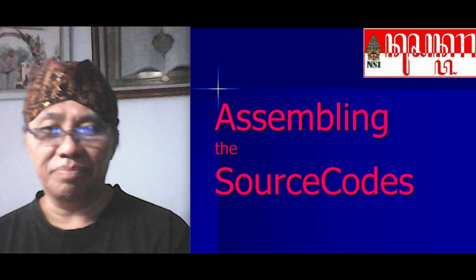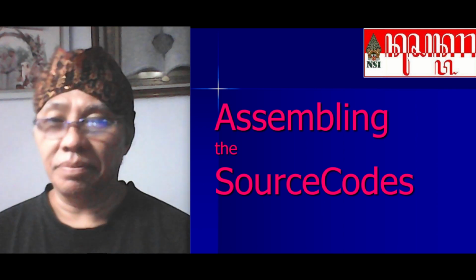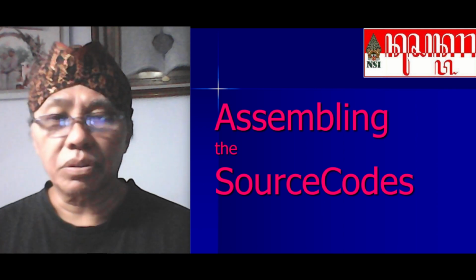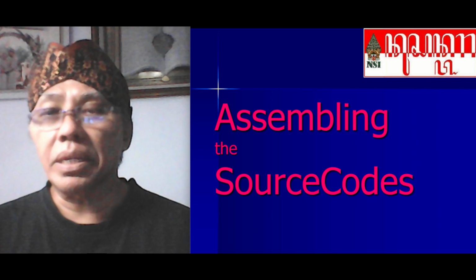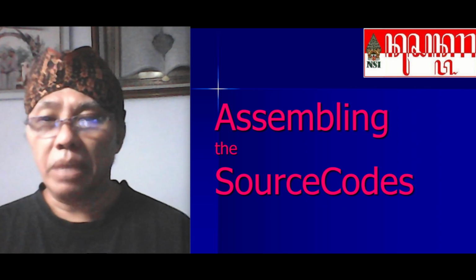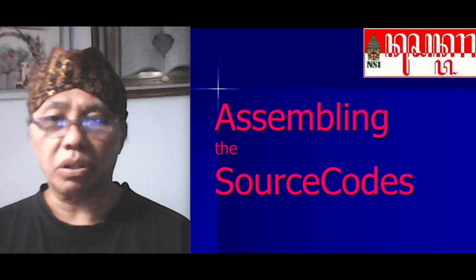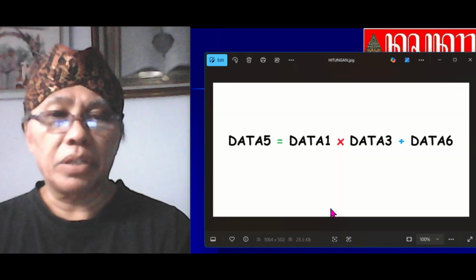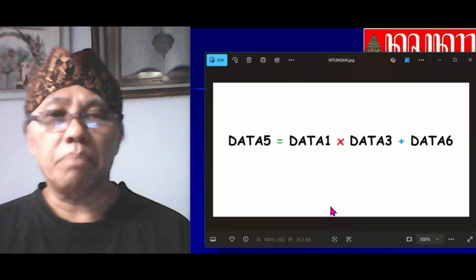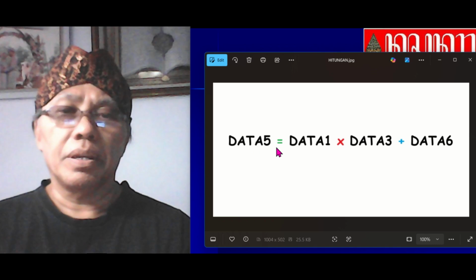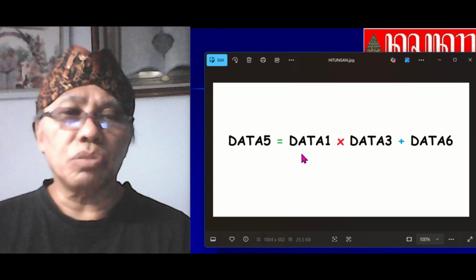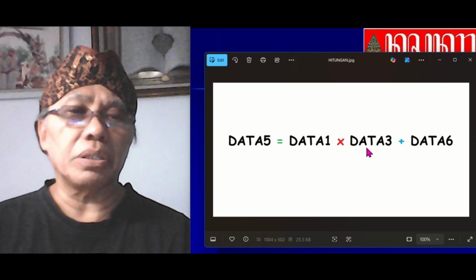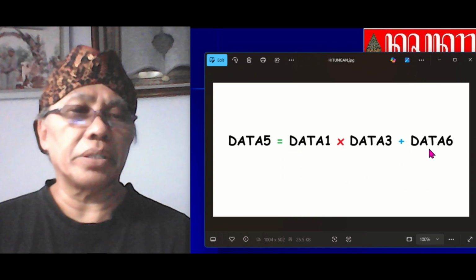Okay, at the moment, we are going to talk about assembling the source code. What I mean is assembler source code. In this discussion, we take a very simple example to calculate data 5 equals data 1 times data 3 plus data 6.